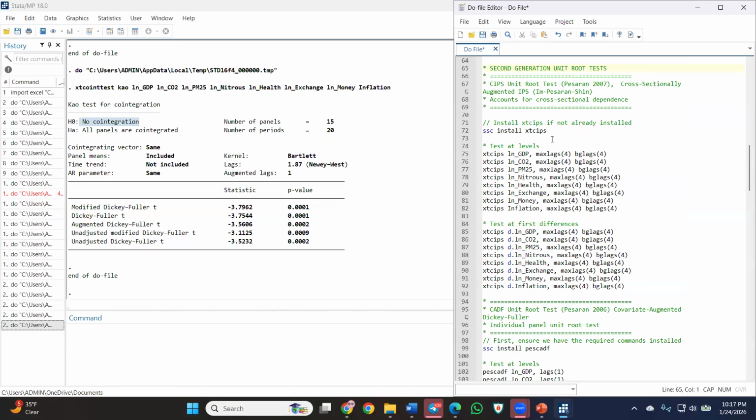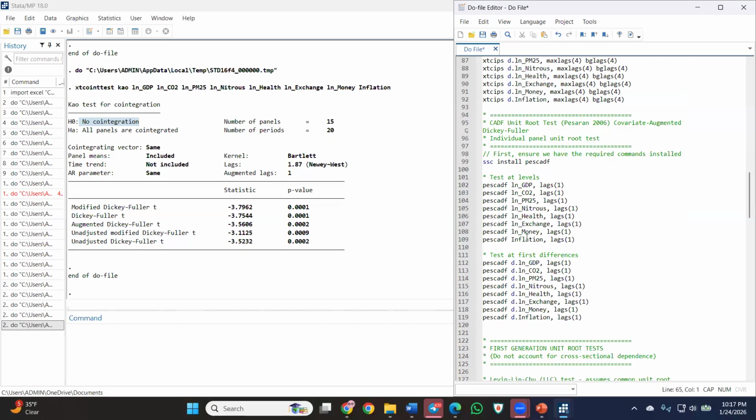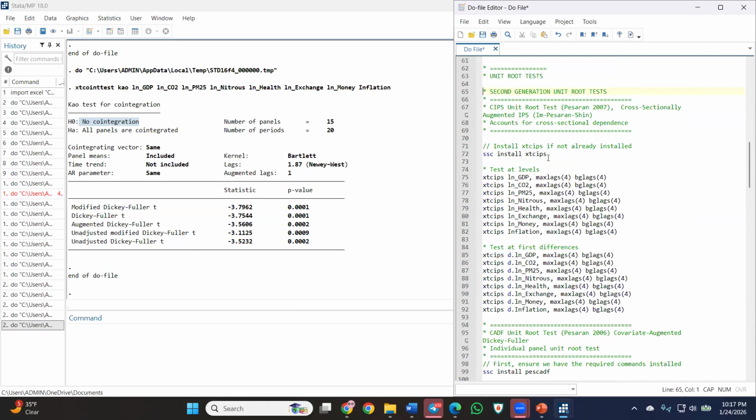And then the first generation, if we didn't have a cross-sectional problem, then we can use the first generation tests. And for the unit root tests, you have to test at levels and then at first difference.